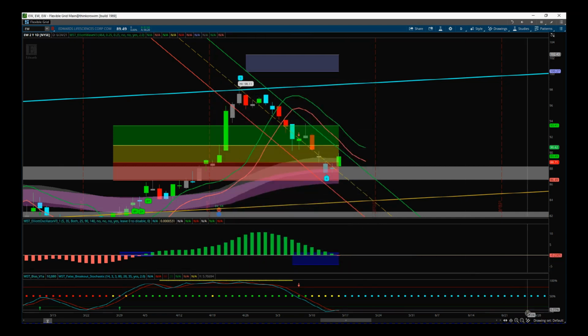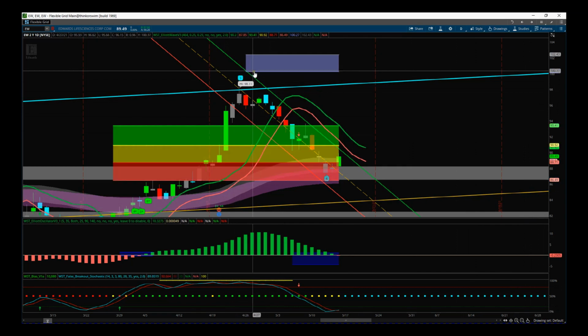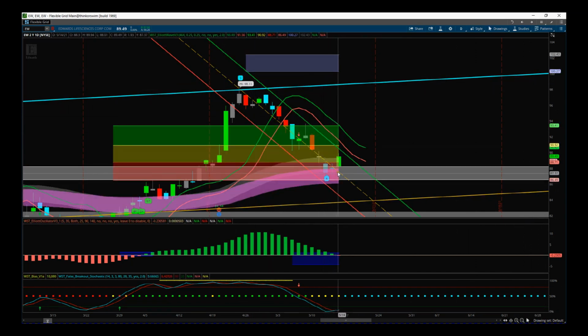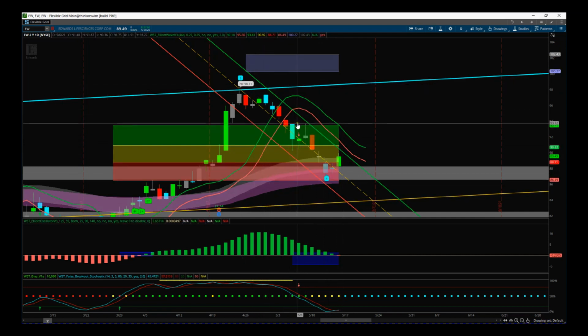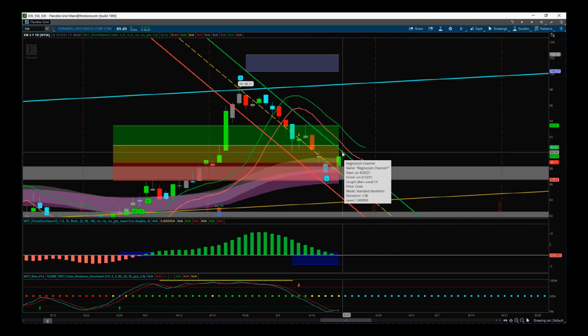So what we have now is a channel that we can say has been quite tight coming down here. And if we were to break out of this channel to the upside, we could say actually this profit taking is over and we are starting to go bullish. So for today's candle, we need to be outside of this channel for an aggressive entry.